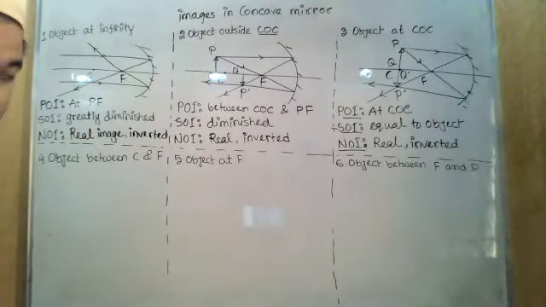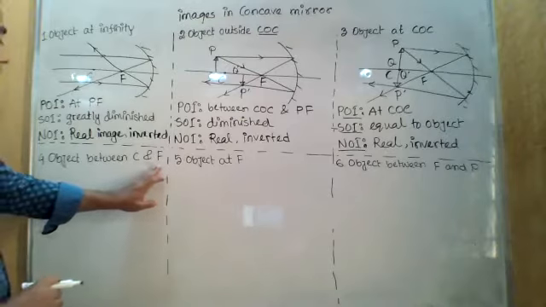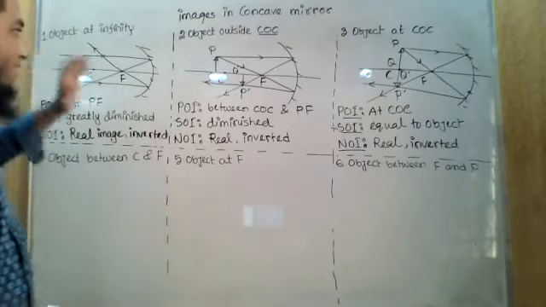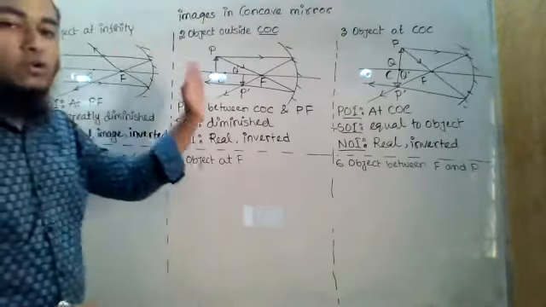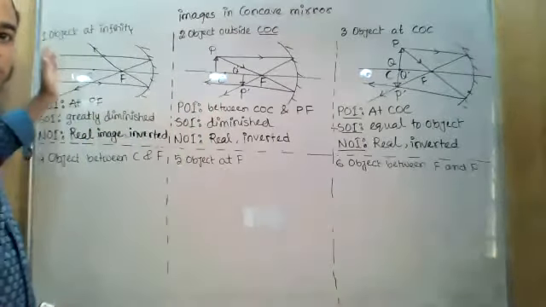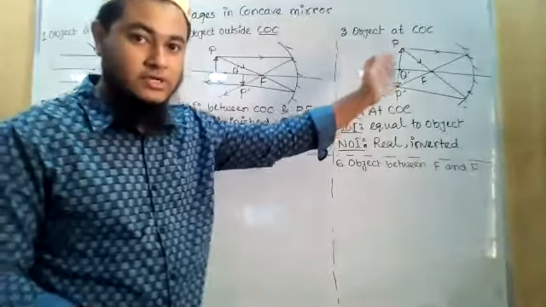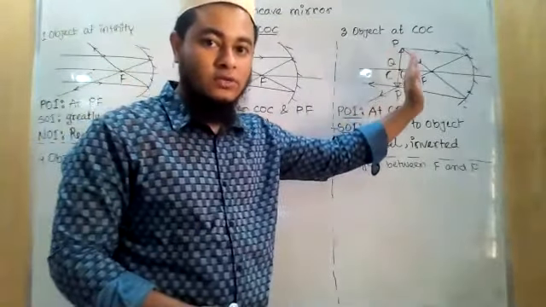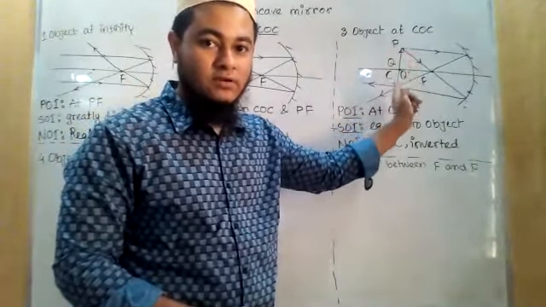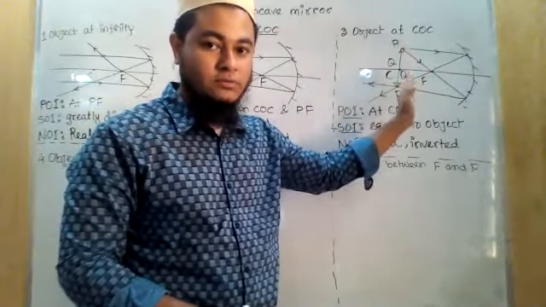Okay, then we have the object between the center of curvature and the principal focus. See, as I told you, we are moving closer and closer to the mirror, right? At first infinity, then outside the center of curvature, then at the center of curvature. If I move further closer, then I will come in between the center of curvature and the principal focus, right?